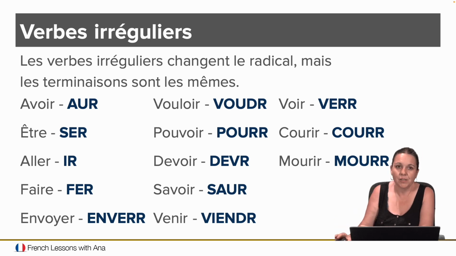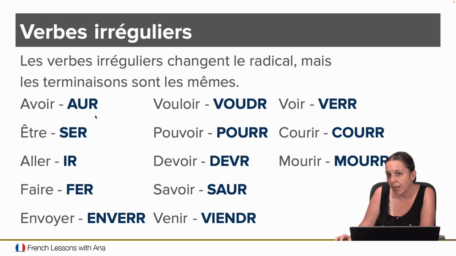So, just to remember this and go reviewing this stuff is avoir. It ends in IR, right? So if it were regular, it would be avoirait, but it isn't. This word is going to completely change, thus making it irregular. It doesn't follow the rule. So it gets replaced with A, U, R. And then you add the endings.